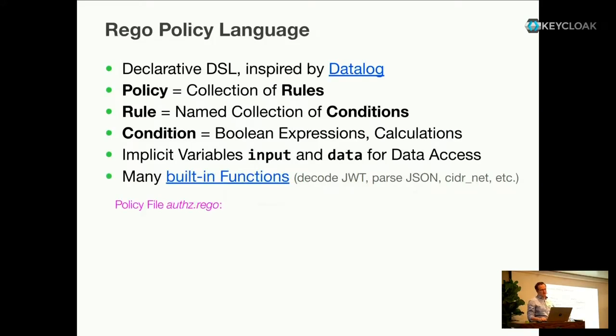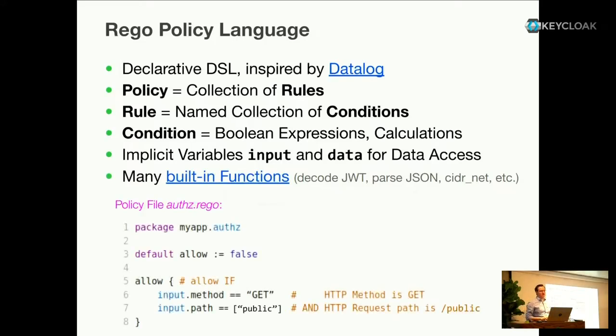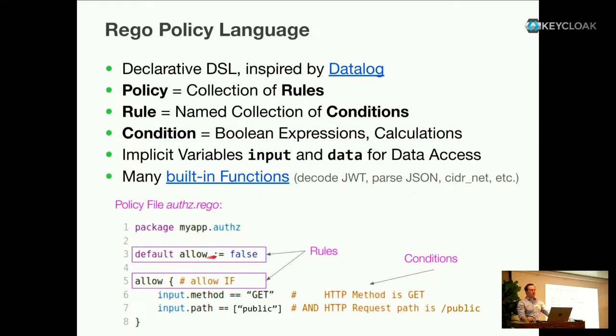And just to give you an idea how such a policy file could look like, it's basically just like that. We have a small text file. We have a package concept, so you can hierarchically organize your policies. And here you see two rules, effectively. Here we have a rule with the name allow that defaults to false.